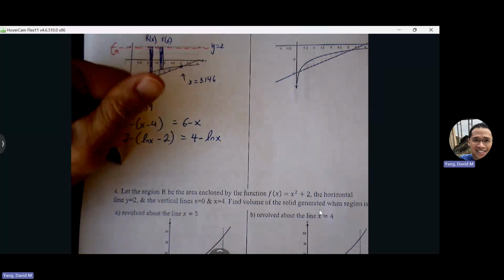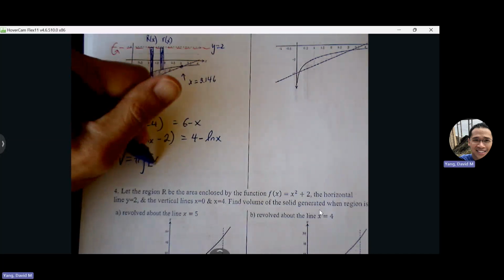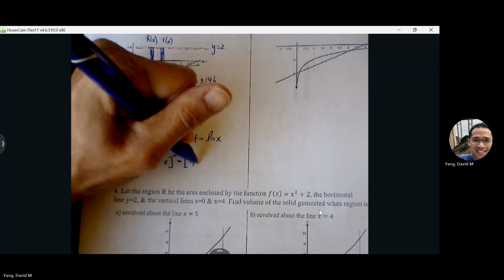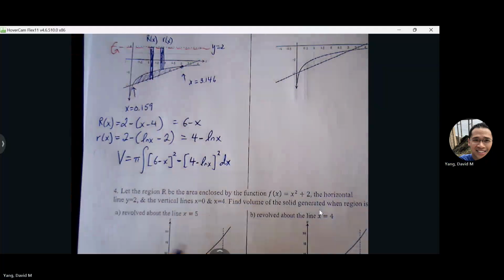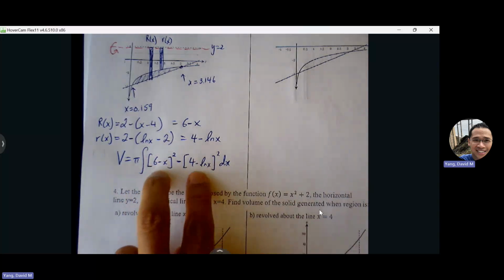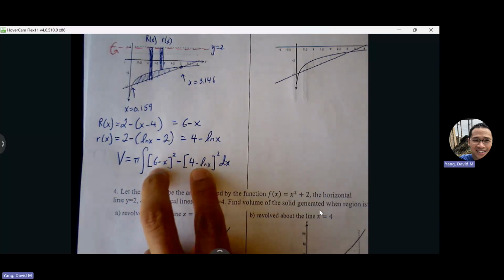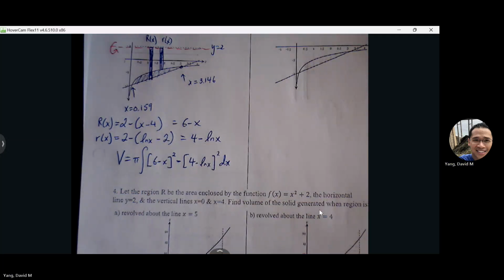Okay, we're ready for our volume formula: pi integral of big radius squared minus little radius squared. Make sure that each of your radii is getting squared separately. We don't want to be merging them together and doing the squared once. Got to show up twice.